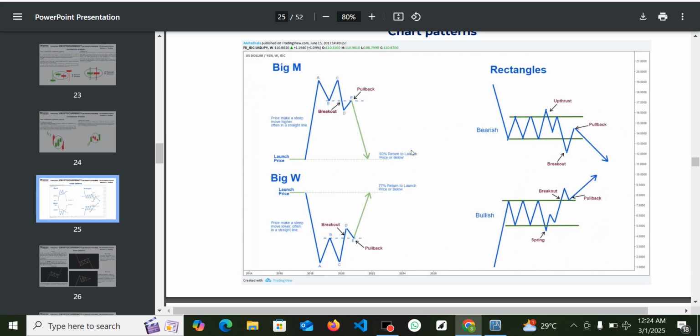Okay, so we will be checking these out one after the other. Most of you must have seen me drawing the M pattern, the W pattern, telling you about the big M, the big W, but you don't really understand most of the things which I actually explained on the chart. And you must have seen me saying we should wait for the breakout.